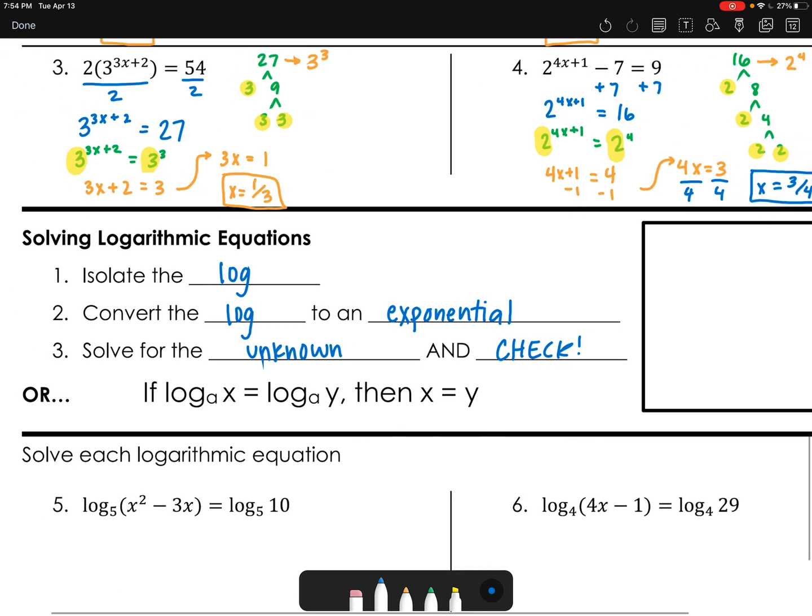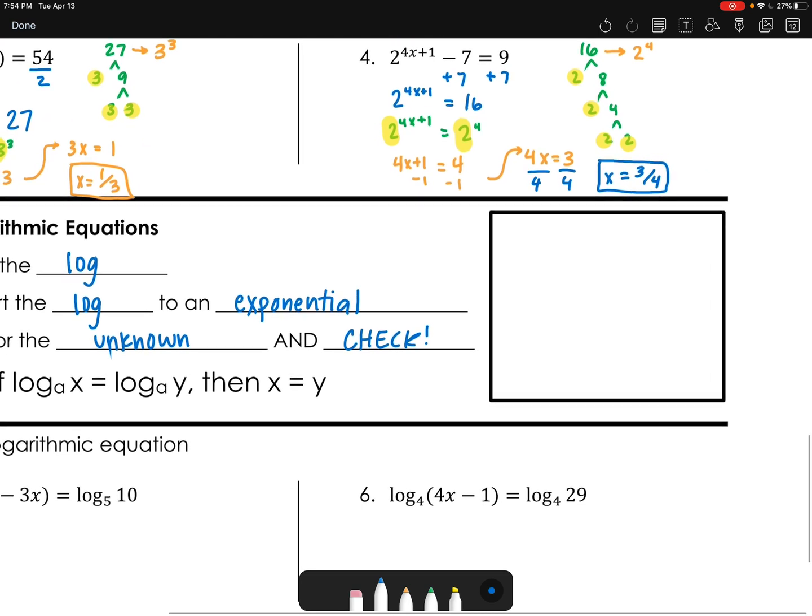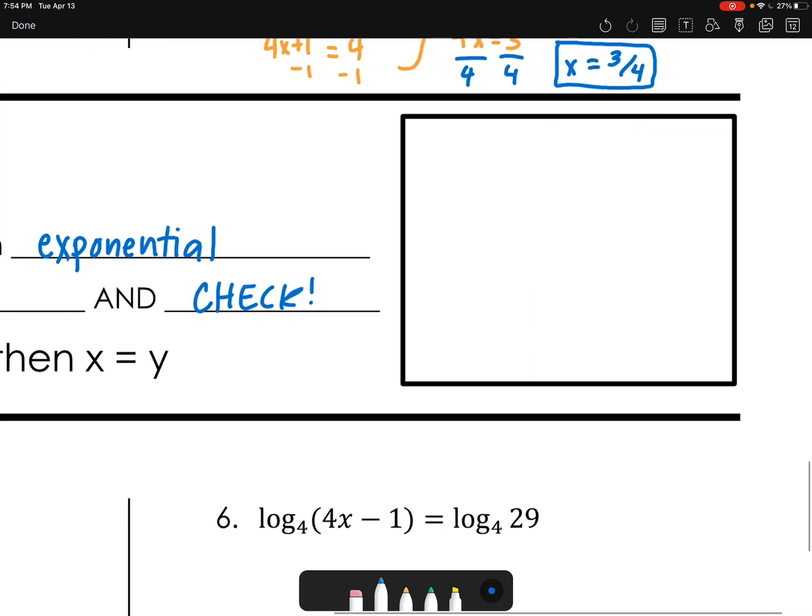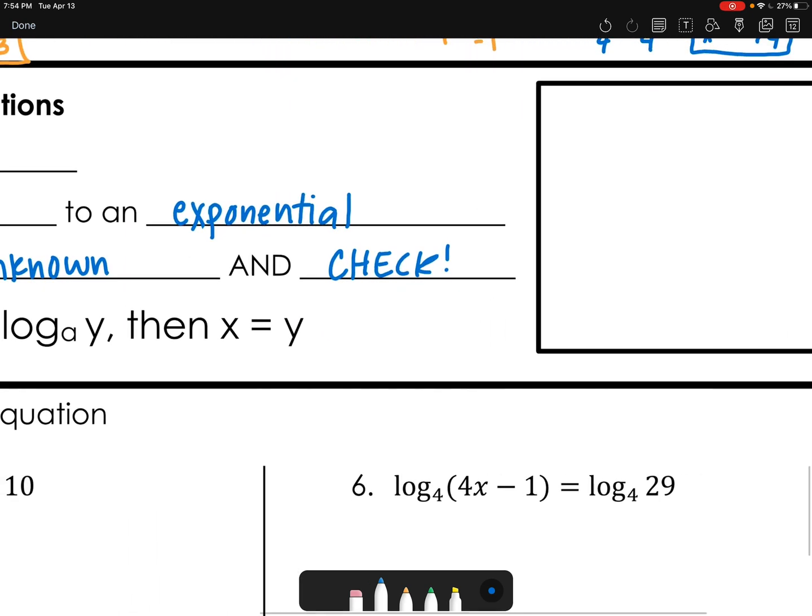Now this is important because remember in our last unit we talked about how you could end up with extraneous solutions and you can get some problems that don't work. So that's what this box is actually for over here, for you to write yourself a reminder of what you cannot have. Remember when we had extraneous solutions with square roots?